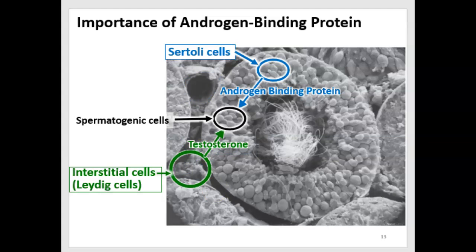So to keep testosterone levels high enough, the Sertoli cells secrete this protein that binds up the testosterone and keeps it local, so that there's enough testosterone kept within the testicle to permit these spermatogenic cells to undergo the division process, spermatogenesis.